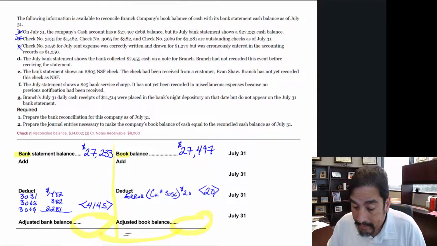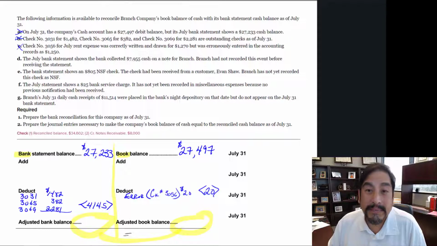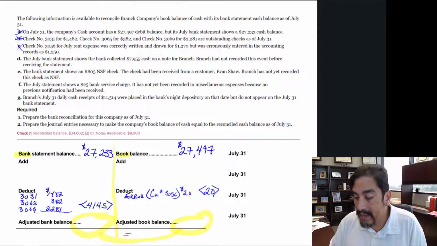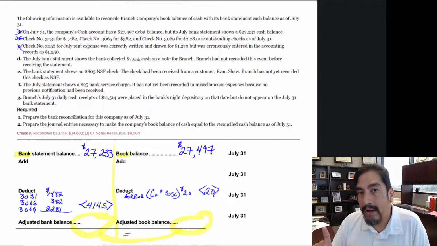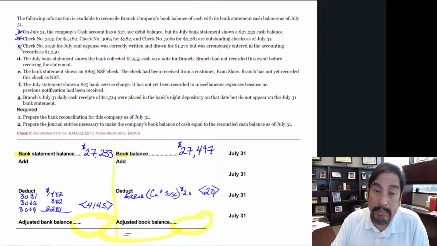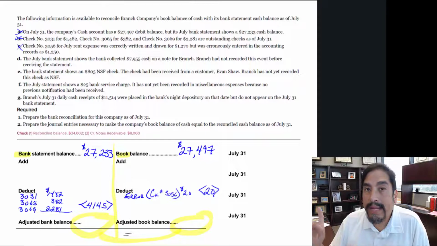Okay, D. The July bank statement shows the bank collected $79.55 cash on a note for us. We have not recorded this event before receiving this statement. So what this means is we've got a note receivable out there. Somebody owes us money and they're paying us. But instead of asking them to send the payment directly to us and then we put it in with our deposits into the bank, we ask them to send the money directly to the bank.